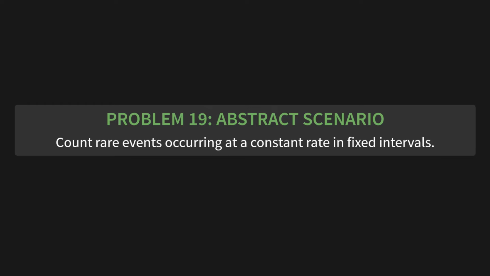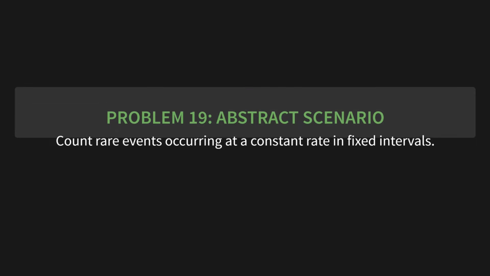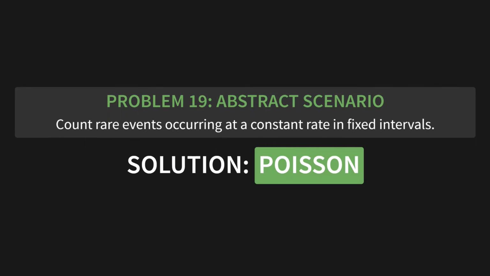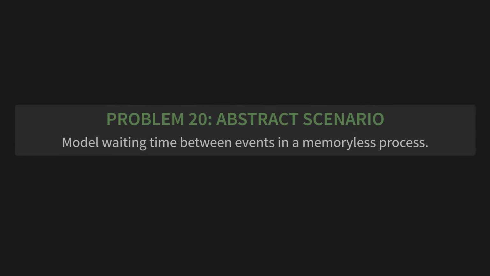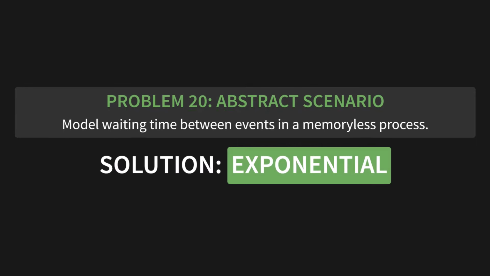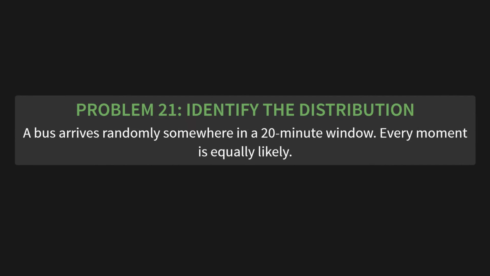Count rare events occurring at a constant rate in fixed intervals: Poisson distribution. Model waiting time between events in a memoryless process: exponential distribution.